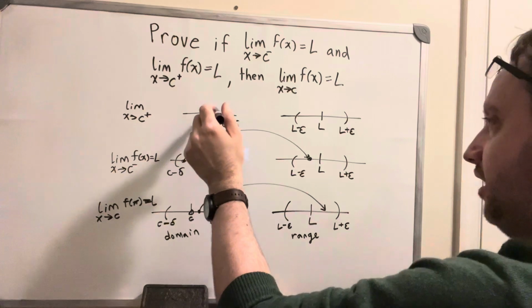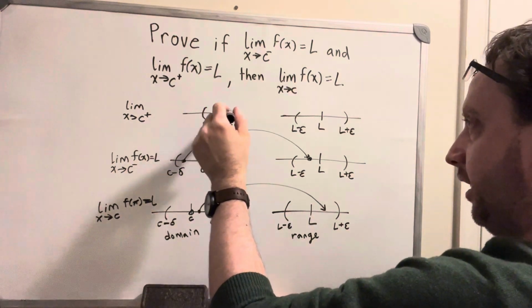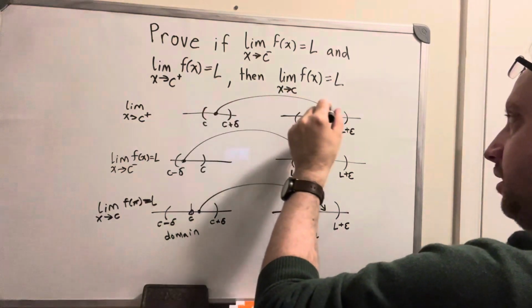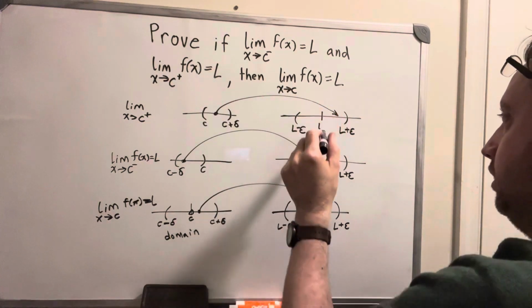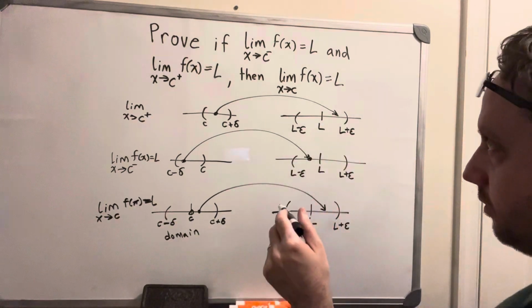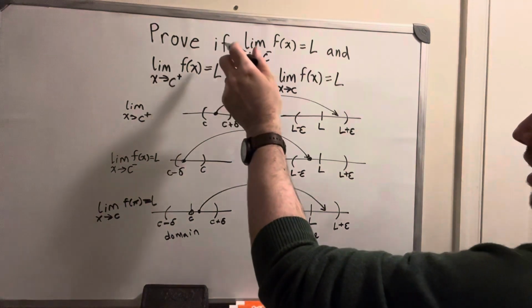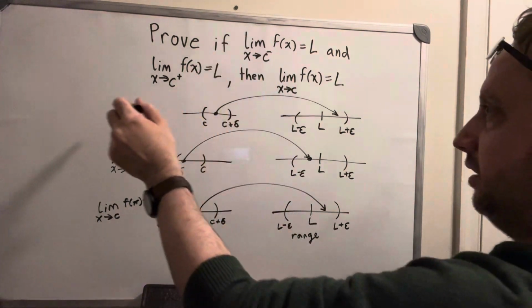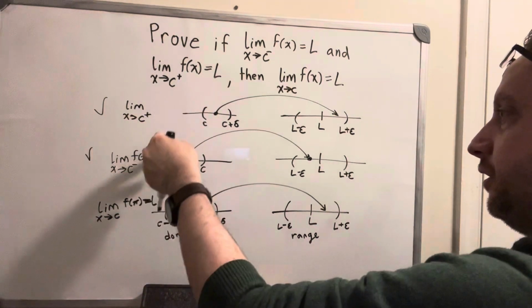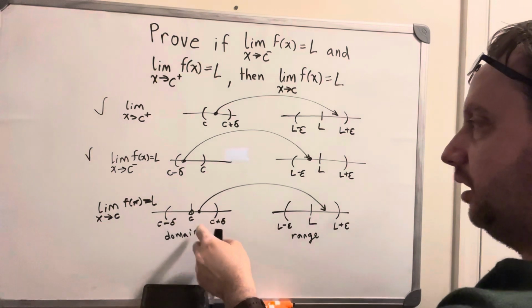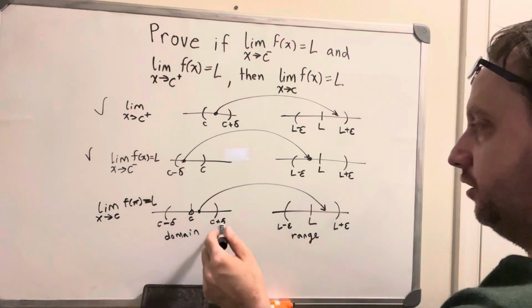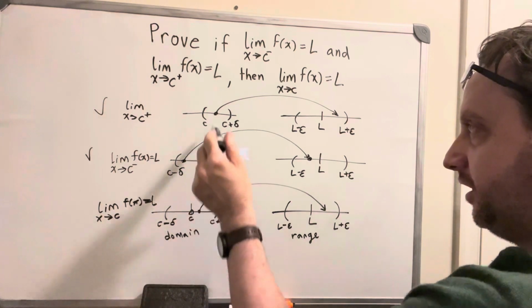We're saying that if the value of x is anywhere between C and C plus delta, the value of f of x will be between L minus epsilon and L plus epsilon. Now, if we combine these two intervals, we do get the open interval from C minus delta to C plus delta, not including C.